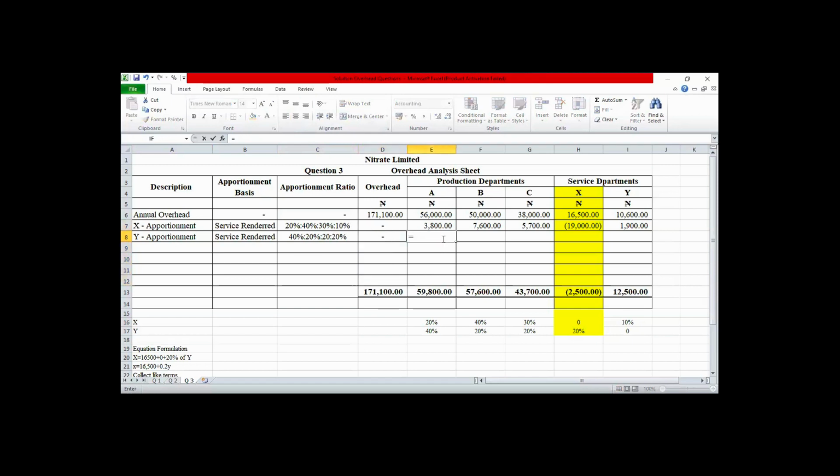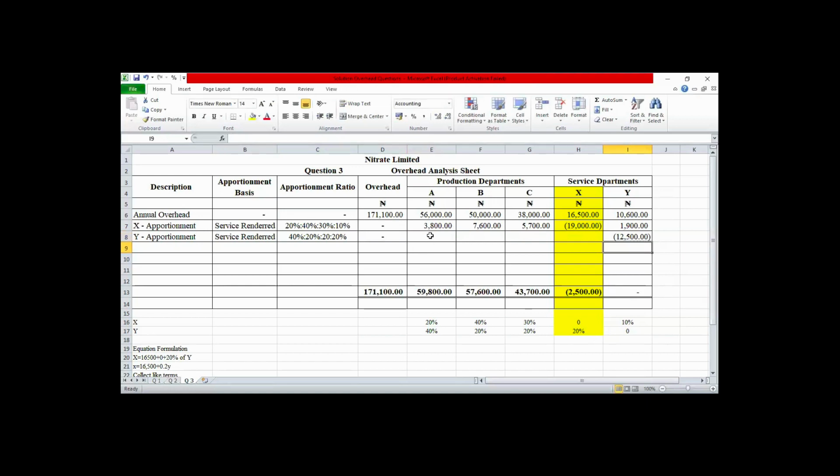How much is y? What is the value of y we are taking out? 12,500 negative.